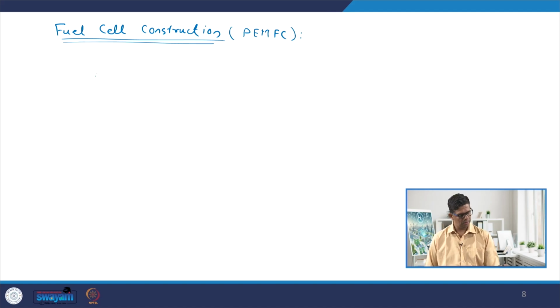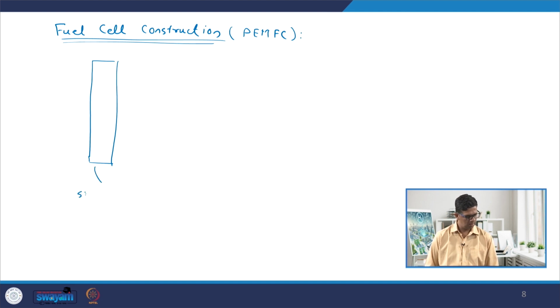So, we know that there is an electrolyte, but now I am going to make it more specific. This is the solid polymer which is used as an electrolyte.